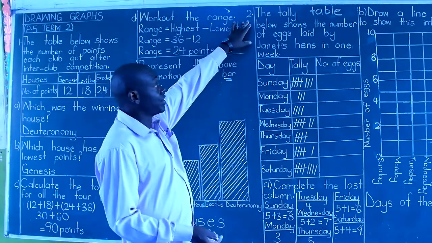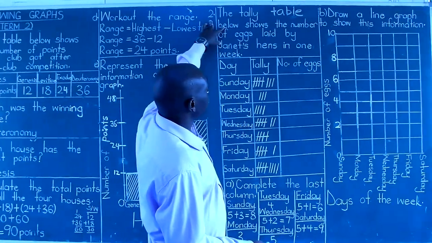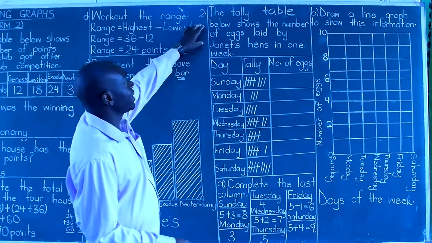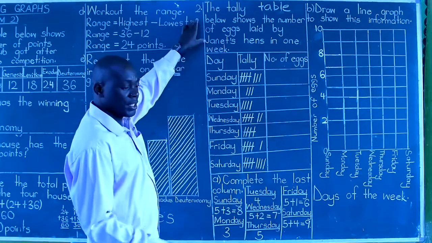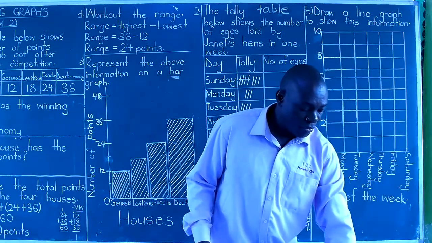And so does it read? The tally table below shows the number of eggs laid by Janet's hens in 1 week. That is the question.